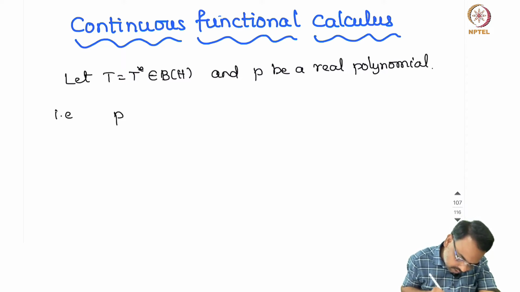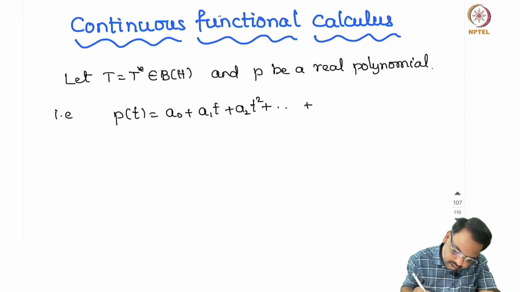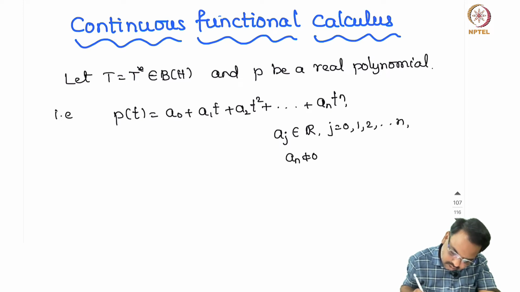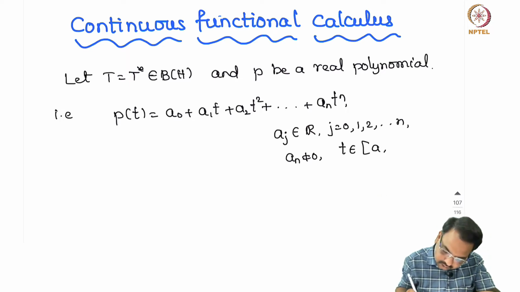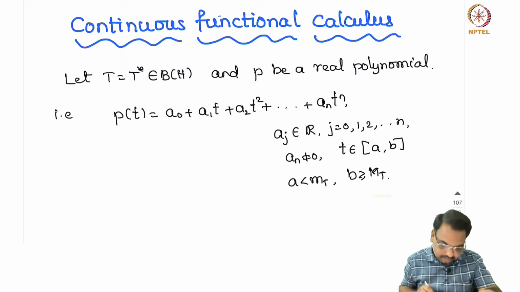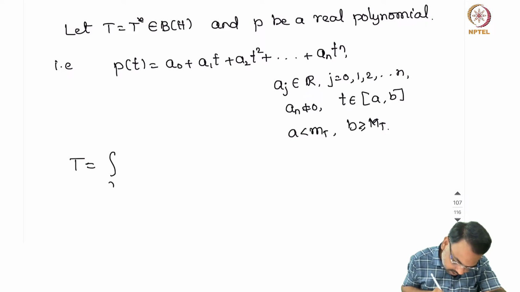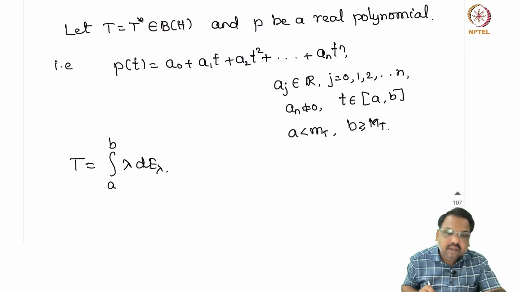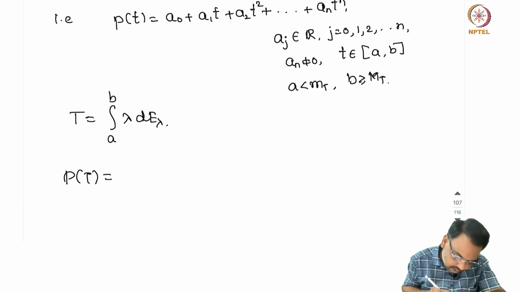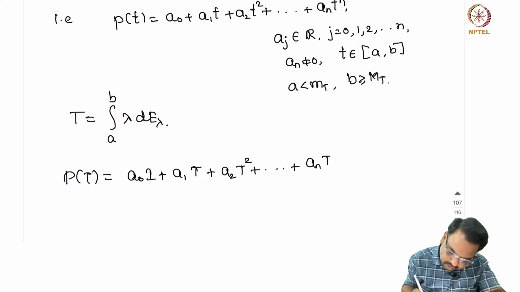So that is, we can write P of t as a0 plus a1 t plus a2 t square and so on plus an t power n, where these aj are real numbers, j equal to 0, 1, 2, and so on up to n, an non-zero, and t is in the closed interval [a, b], where a is less than or equal to m and b is bigger than or equal to capital M. We know that T is nothing but the integral from a to b of lambda dE lambda, and P of T is a0 identity plus a1 T plus a2 T square and so on, an T power n.